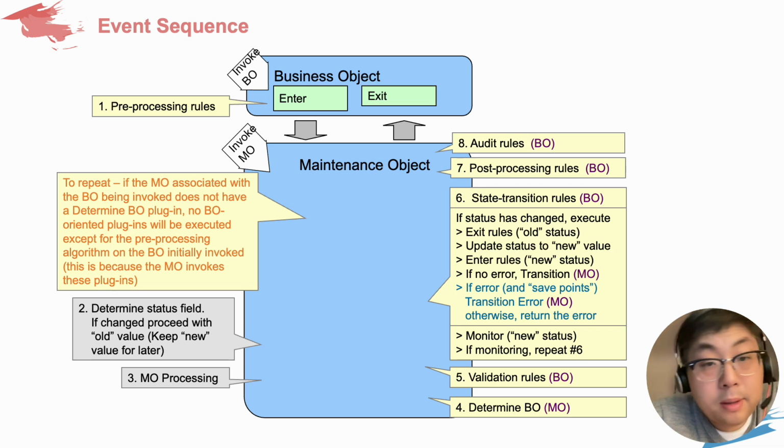And if this is the end of status transition, I move back to the BO level. The post processing rule on the BO will be run, and the last event will be the audit rule. So this is a sequence of events potentially happening when you are triggering a BO with Lifecycle.